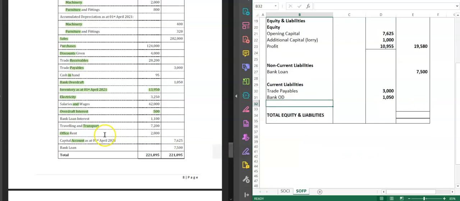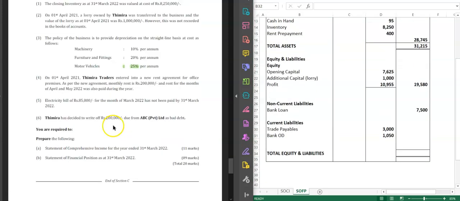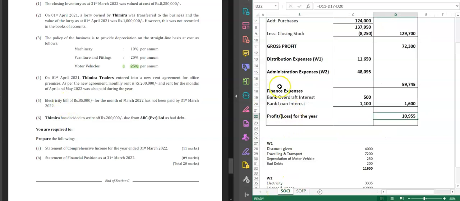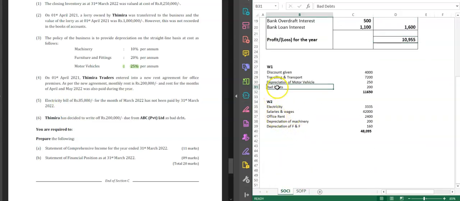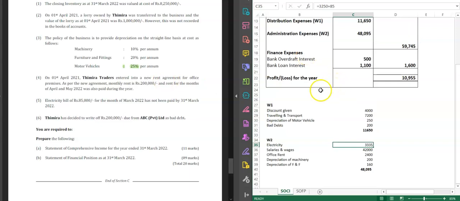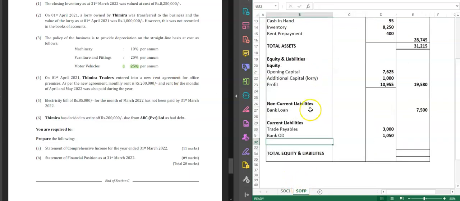We have one more liability, that is accrued electricity. We have already added the electricity to the current year's expenses, so that is accrued. That is added but not paid. So added to the expenses but not paid. So we have to add the accrued electricity.